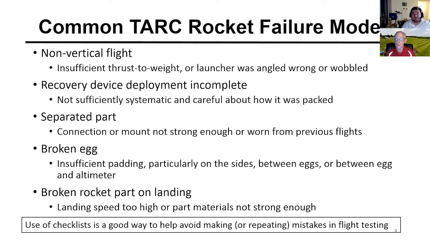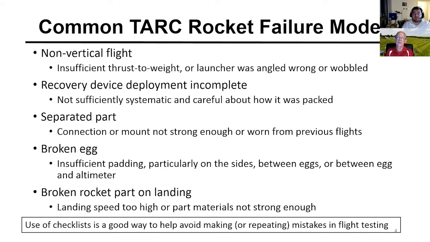You might have the launcher angled in the wrong direction because you didn't pay attention to what angle it was set for relative to vertical. You could have a wobbly launcher. You could be using a launch rod, which whips and flings the rocket in an unpredictable direction, which is why we don't use them anymore. Stuff happens. You can control all of these factors and make sure that they don't happen to you. But if you don't know what you're doing, they will happen to you.